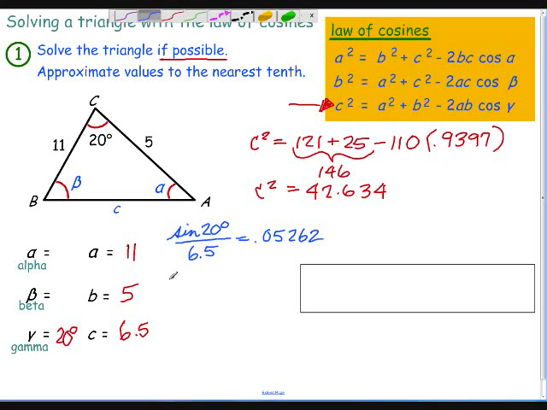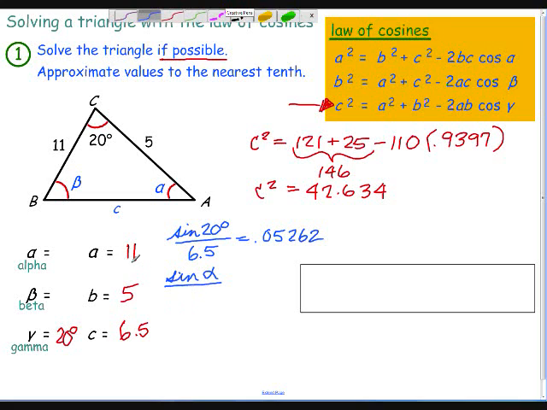So let's go ahead and do it. The sine of alpha, oh, I don't have to use the A. I can put the number right in there. Wouldn't that make more sense? Yep.